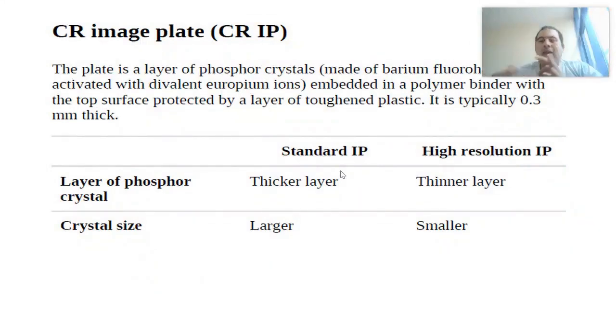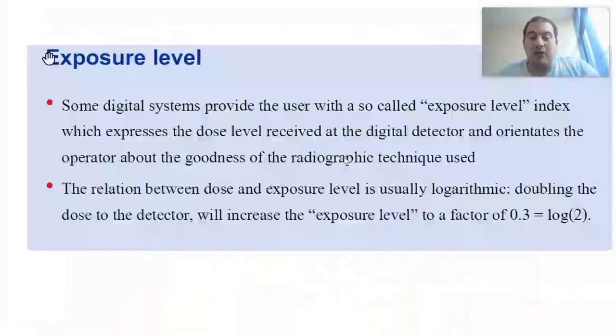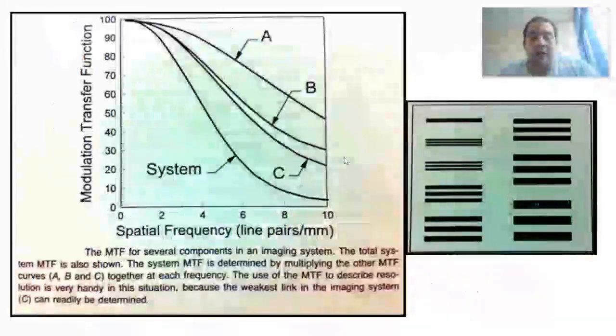The thinner layer has the same idea. It will reduce detection efficiency, yes, but it will give you a higher signal to noise ratio, right? The detection quantum efficiency refers to the efficiency of the machine to detect radiation, or the process of detecting radiation.